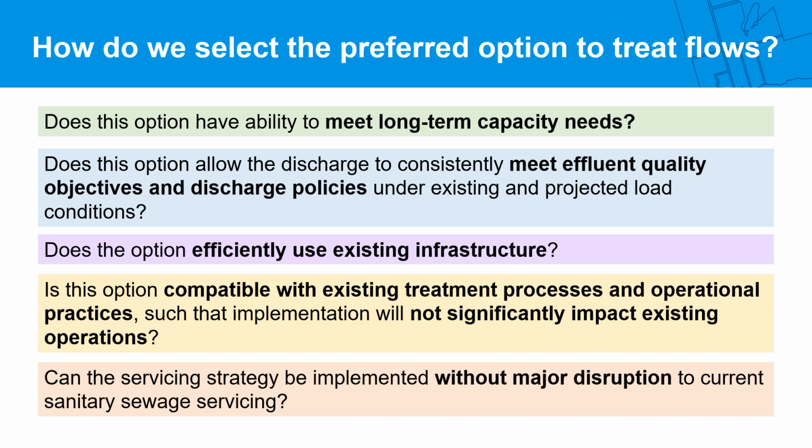Is this option compatible with existing treatment processes and operational practices, such that implementation will not significantly impact existing operations? And 5. Can the servicing strategy be implemented without major disruption to current sanitary sewage servicing? If the answer to any of these questions is no, then the alternative is considered inadequate and is eliminated.